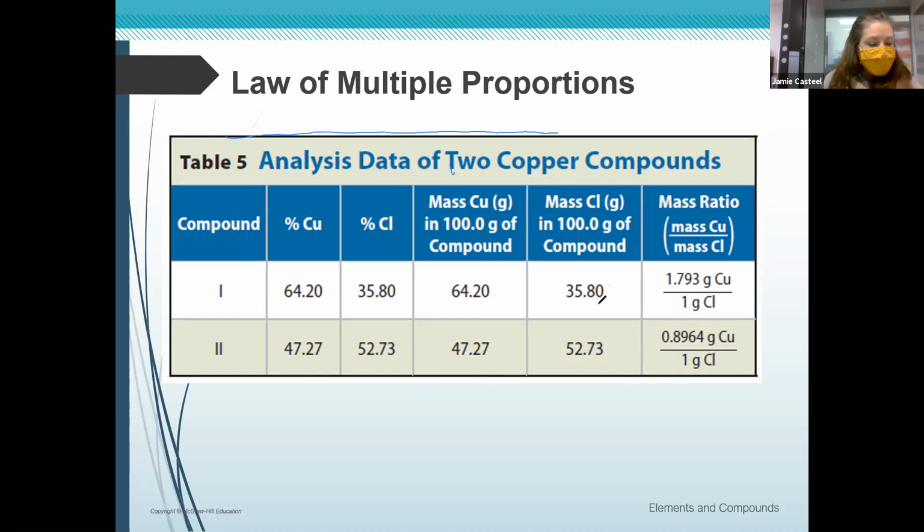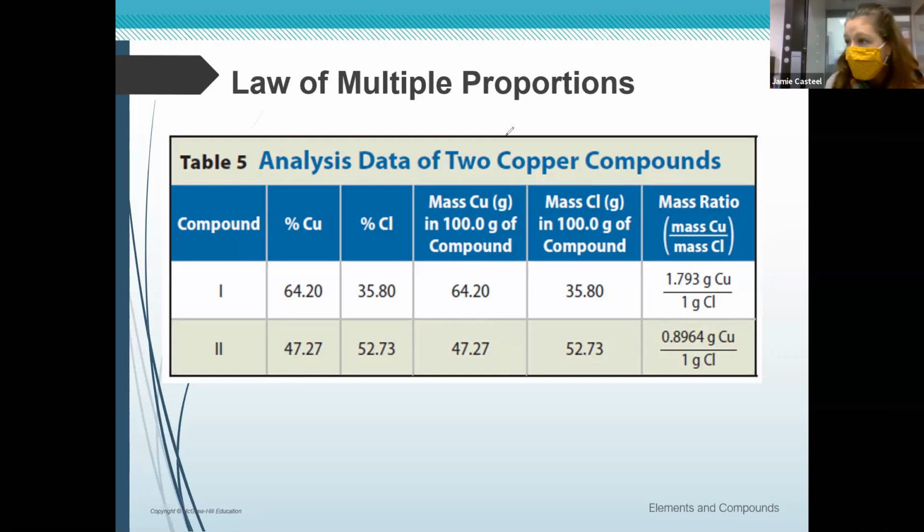Take 1 second. I want you to look on page 89 at figure 20. Find figure 20. Compound 1 versus compound 2. See, that ratio in compound 1 is a 2-to-1 ratio.